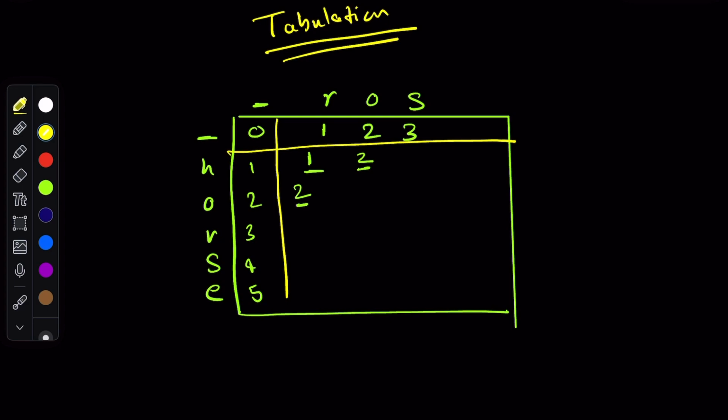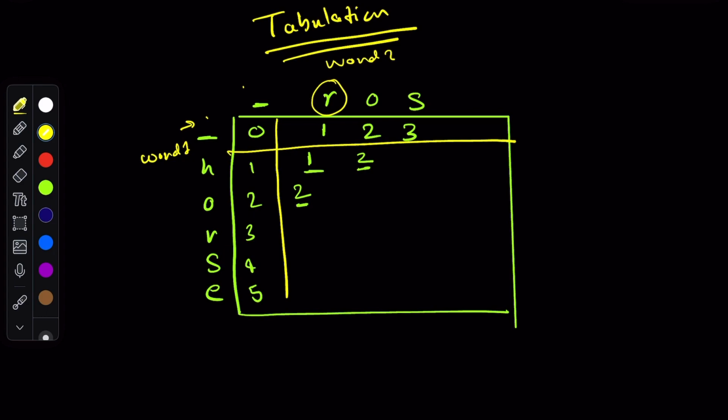So let's say that we start by taking word 1 and word 2 as empty. So do we require any number of operations to change word 1 to word 2? No, it will give us 0. Now let's take word 1 as empty and word 2 as R. Now just tell me what will be the number of operations.